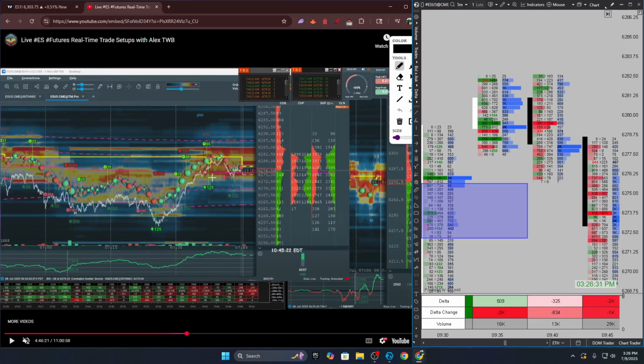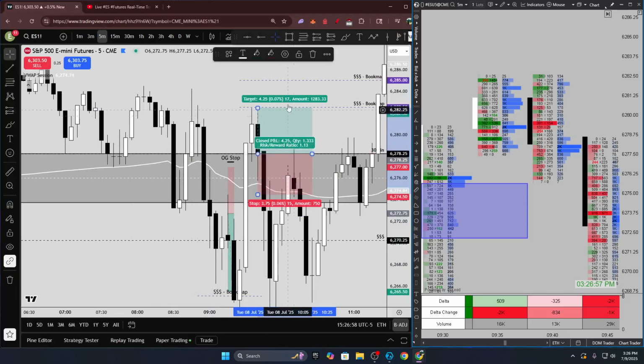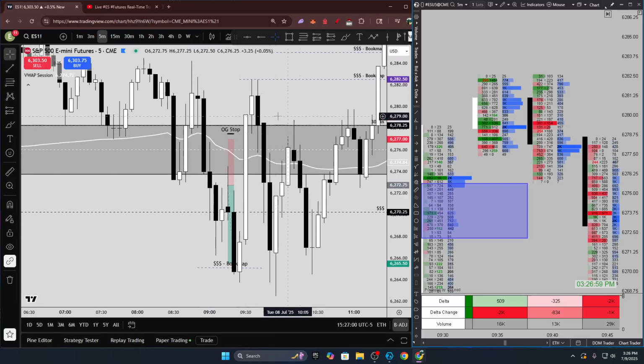In reality, it would not have been smart to take a long there simply because of condensed passive liquidity. This is condensed here, and it's not viable to take a long even though we're at that passive buying barrier, simply because this area is condensed with lots of passive selling, and in reality it's quite hard to predict how much price may go up or how much price may go down, especially with that sudden incurrence of volatility in the market.